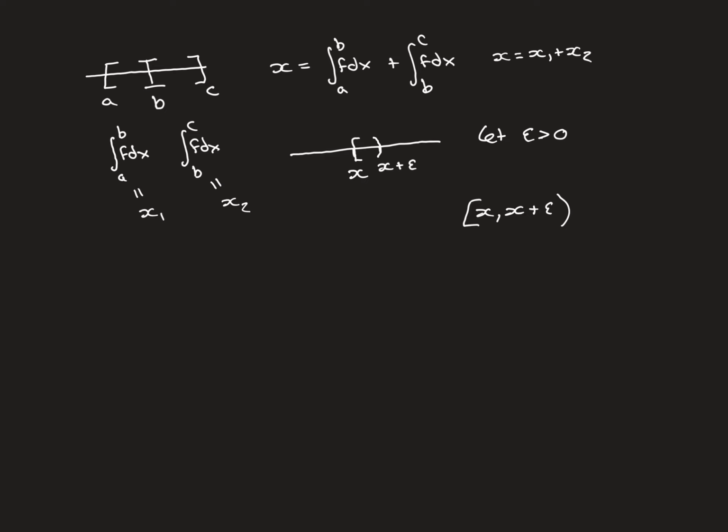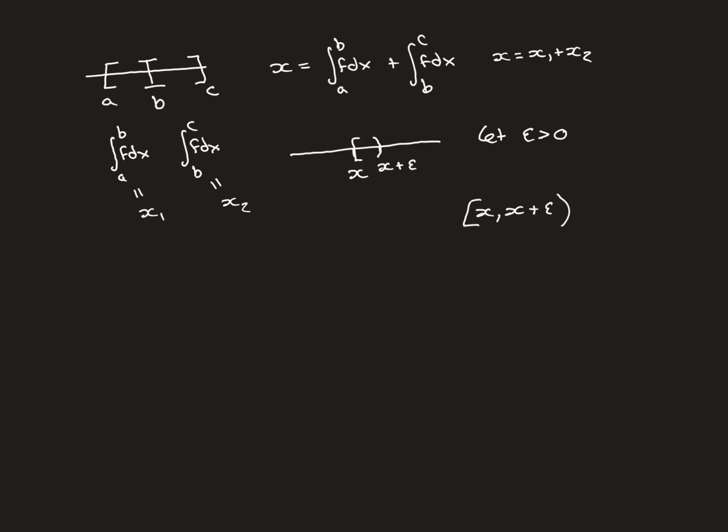Both of those will have dissections for the subintervals. We'll combine those dissections together to make a dissection for the overall interval AC, and we'll then be able to show that the upper Riemann sum for the function over the entire interval AC with that combined dissection is inside this interval from x to x plus epsilon.